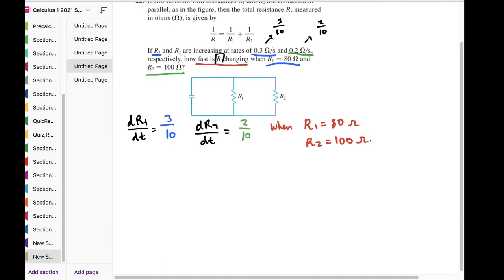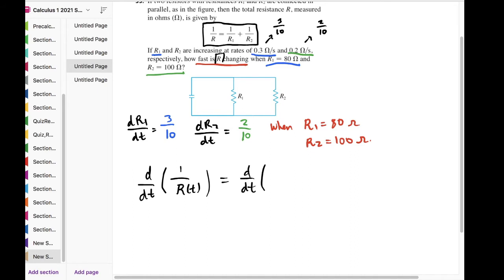So I want to take the derivative of this thing. So d dt of 1 over R of t equals d dt of 1 over R1 of t plus d dt of 1 over R2 of t.